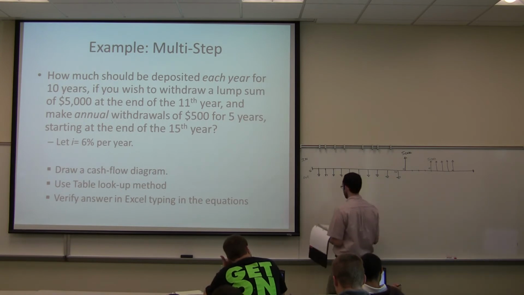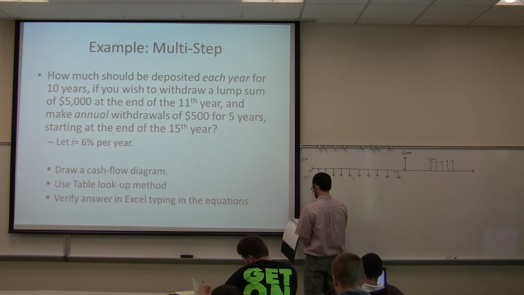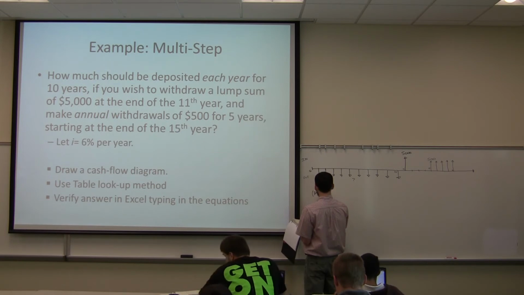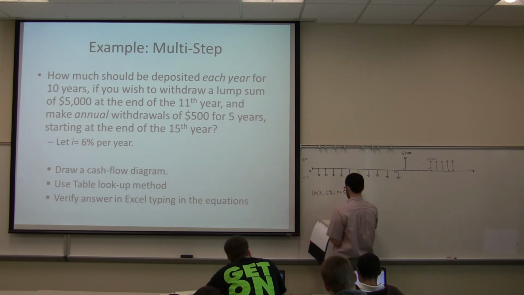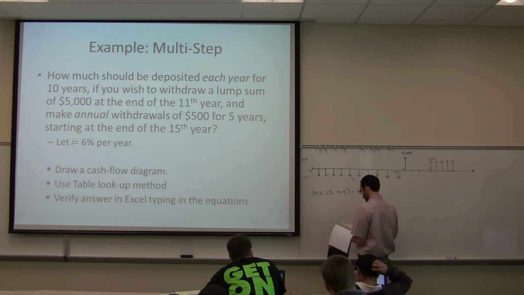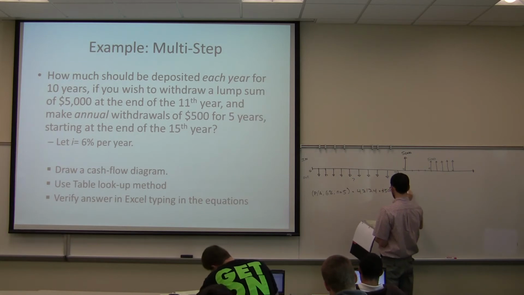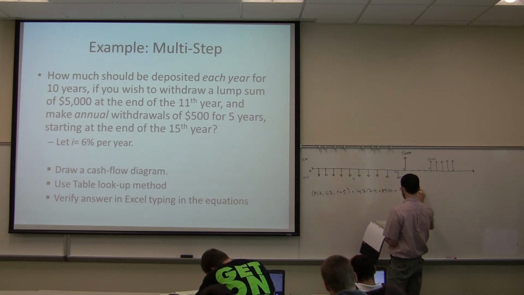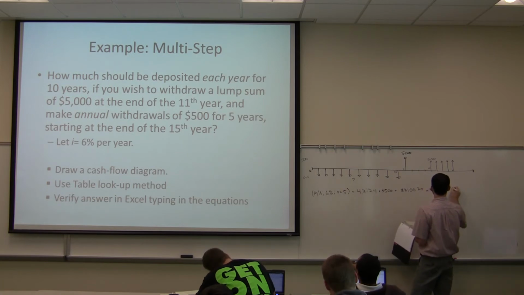And so what I would do first of all is find P given an A, 6%, N equals 5, which is 4.2124. And that is multiplied by the $500. And so that is 2106.20 at year 14.